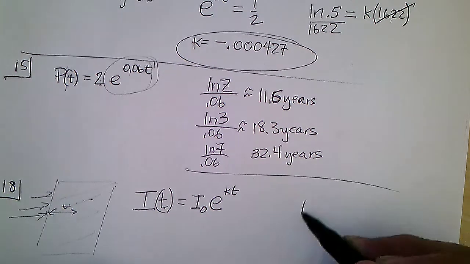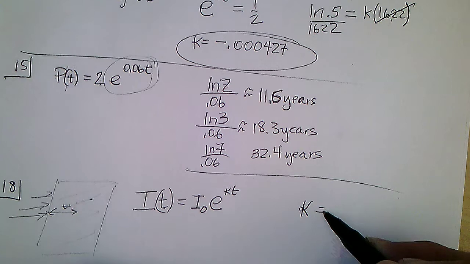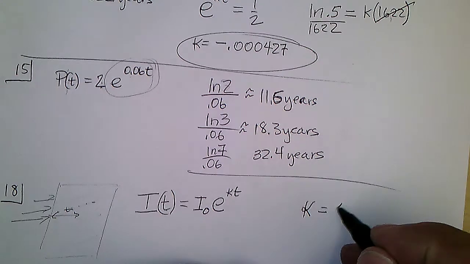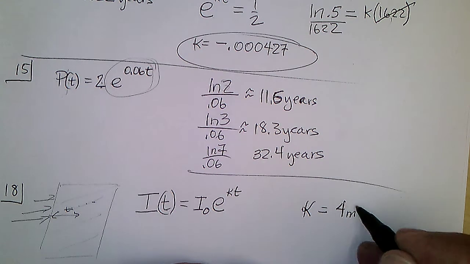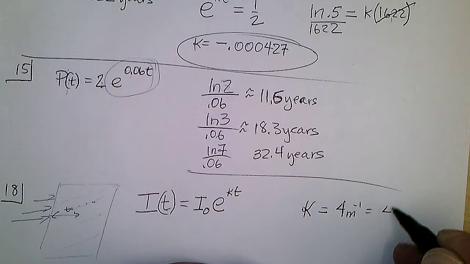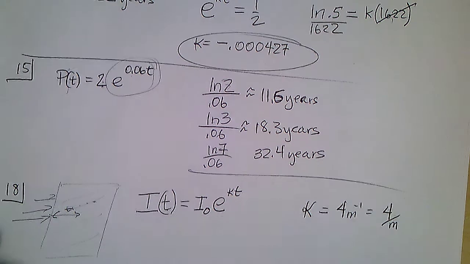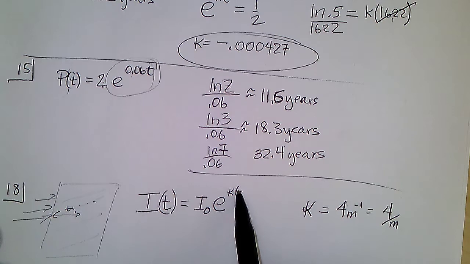Now they say k is equal to 4 m to the minus 1, which means 4 per meter. So t is the thickness, this is how many meters in we go.